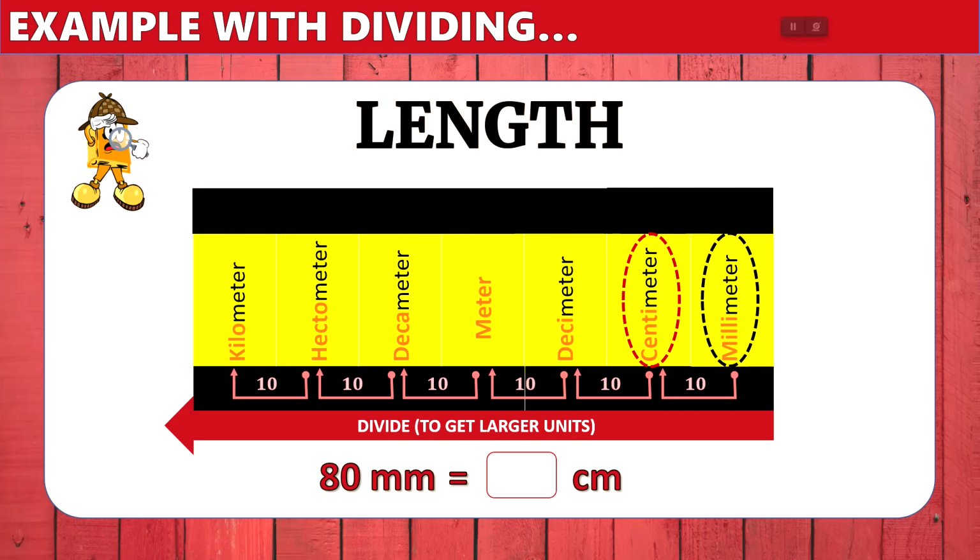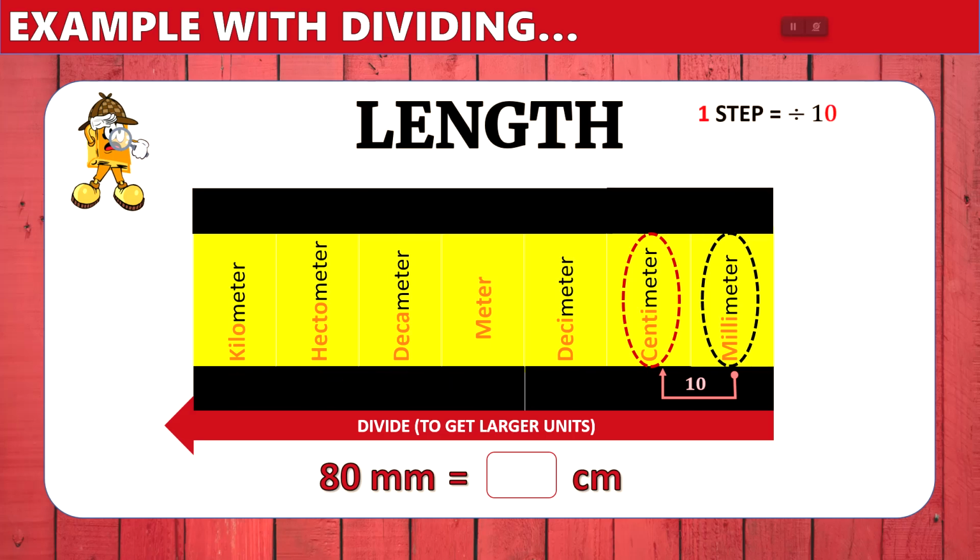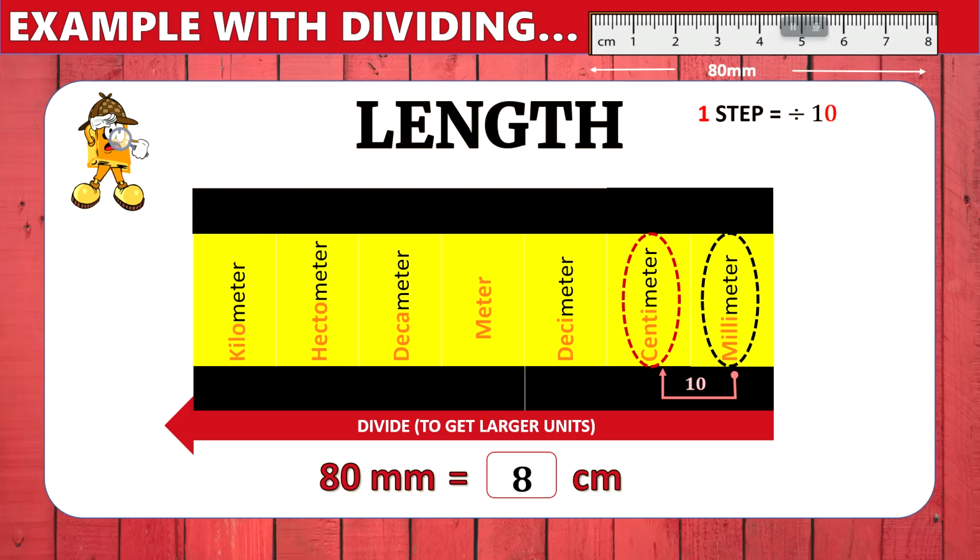That's going in the left direction, and it's one step. And so we divide by 10. So 80 divided by 10 is 8. If we look on the centimeter ruler, we can see this distance is 80 millimeters, but the centimeter markings take us to 8. And so 80 millimeters is the same as 8 centimeters.